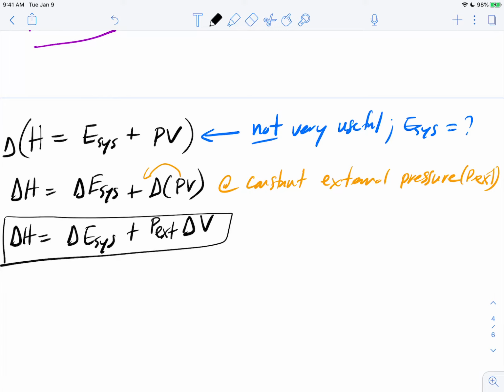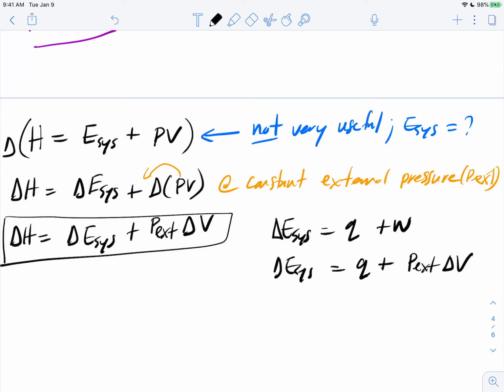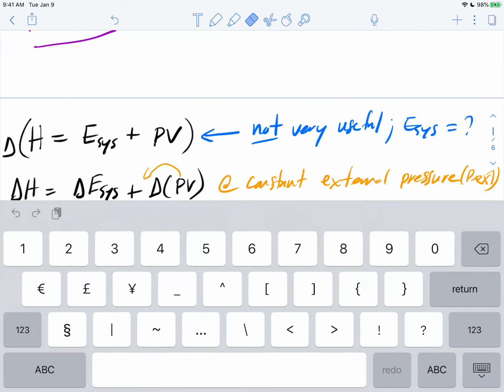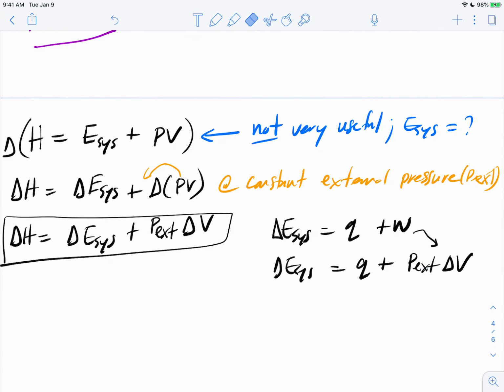Okay, equation number 1. We can also go back to our delta E system is equal to Q plus W. And so we can say that delta E system is equal to Q plus P external delta V. We've substituted in for W, but actually W is negative.